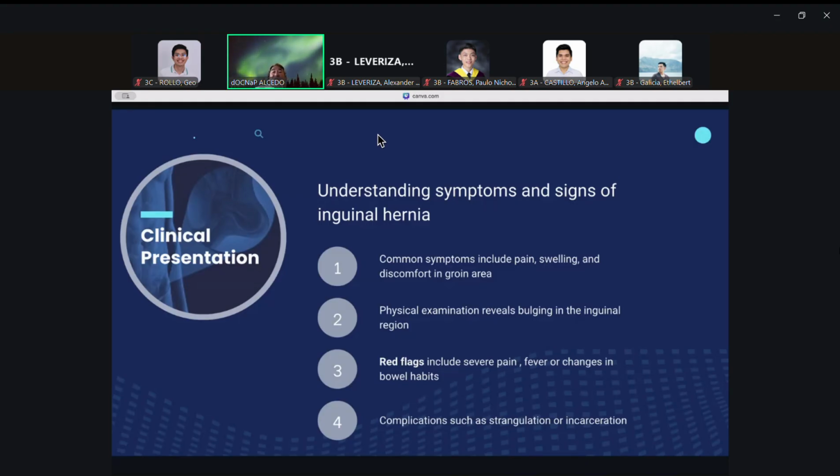Because what we fear actually when we talk of inguinal hernias are the complications, which would include incarceration, and worse is strangulation with resulting intestinal or any visceral ischemia, which will lead to a more complicated management, which would entail some form of resection.